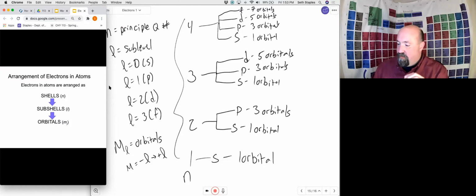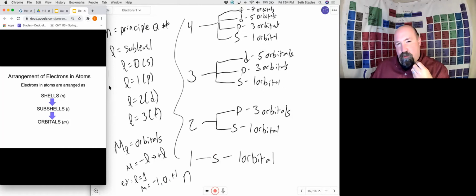And so, for instance, for l equal to 1, our p sublevel, we could have possible m values of negative 1, 0, or positive 1. 1, 2, 3 possible values, 1, 2, 3 p orbitals. So that's really how we use m.